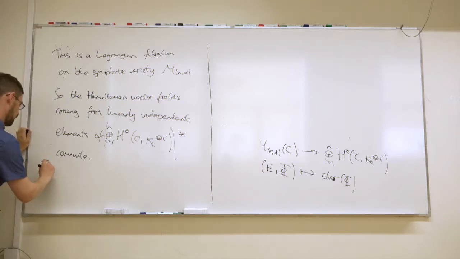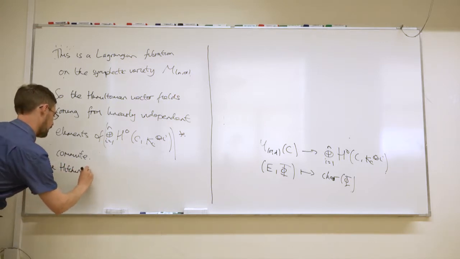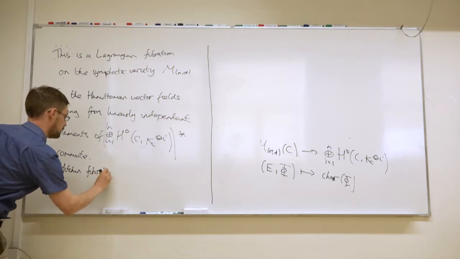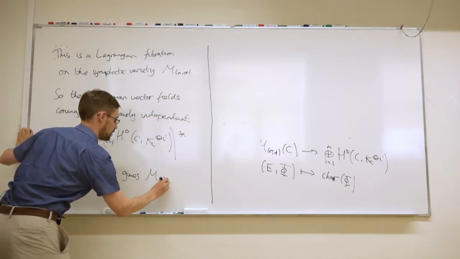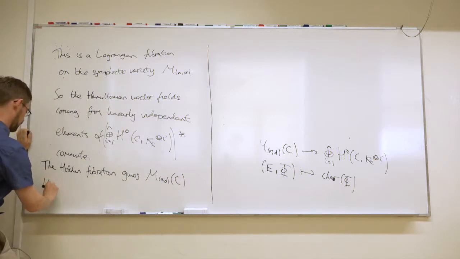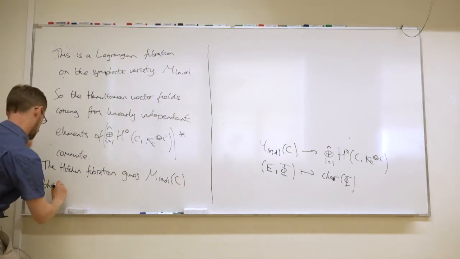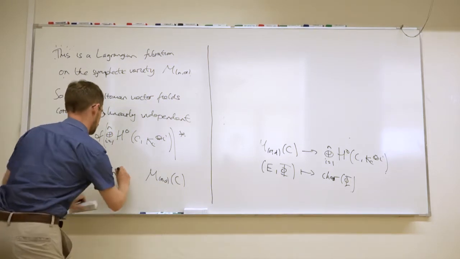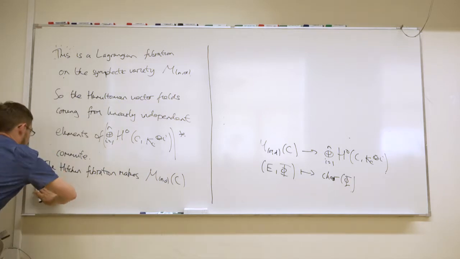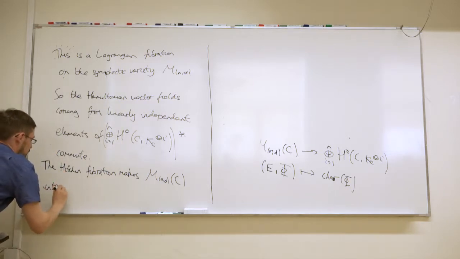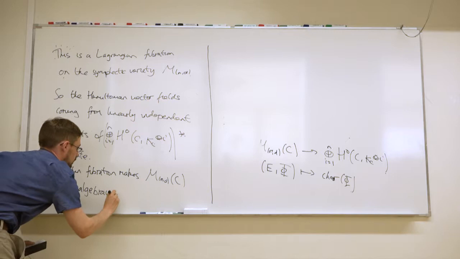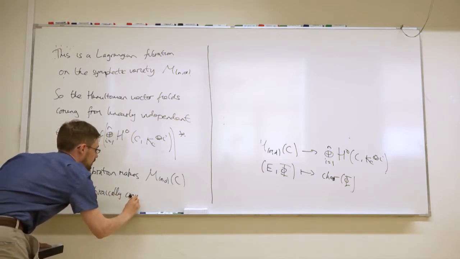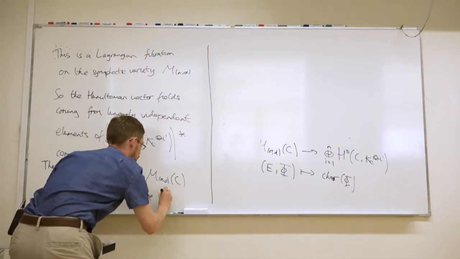So the Hitchin fibration makes this space, the moduli space of Higgs bundles, into what is generally known as an algebraically complete integrable system.